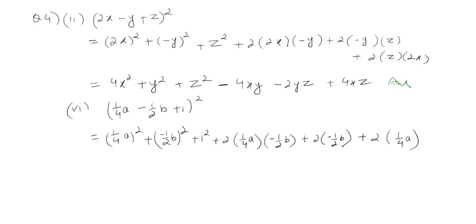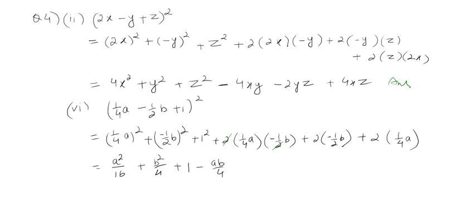So now simplification further. This becomes a square upon 16, because the whole square is 16, that you know. Then again plus b square upon 4. 1 square is 1. Now here you'll get a minus sign because plus into minus is minus, and this 2 and this 2 cancel, so ab upon 4 with a minus.